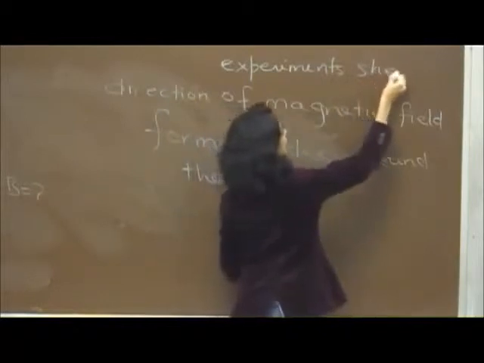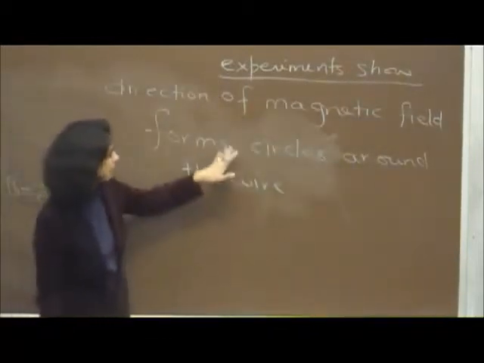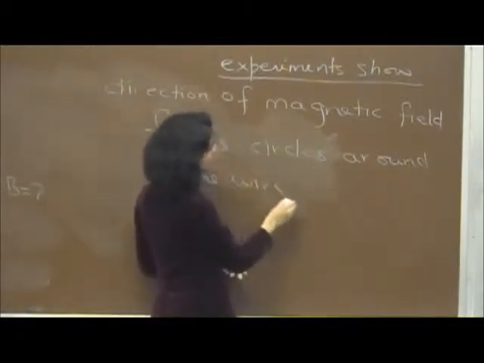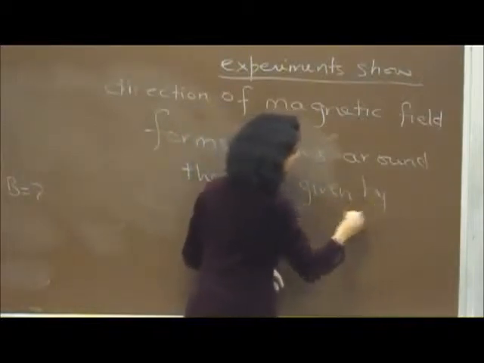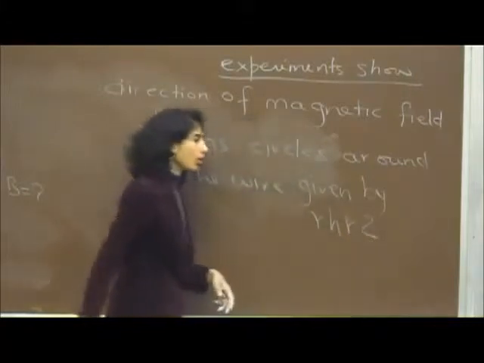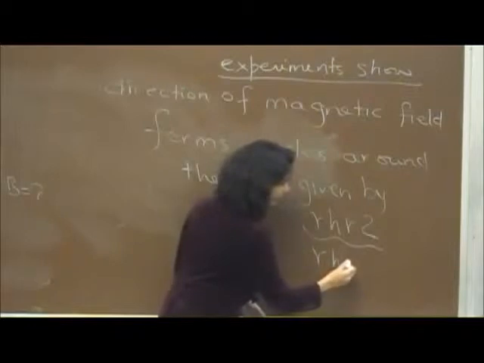I'm going to show you next time. They show that the direction of the magnetic field forms circles around the wire, and this is given by right hand rule 2. Or you can also call it the right hand thumb rule.